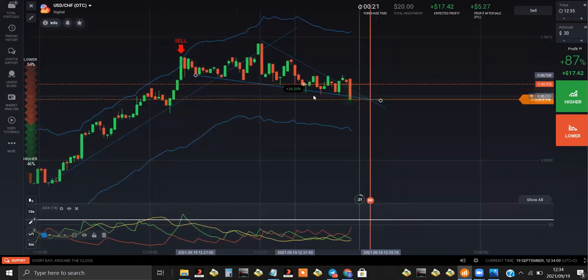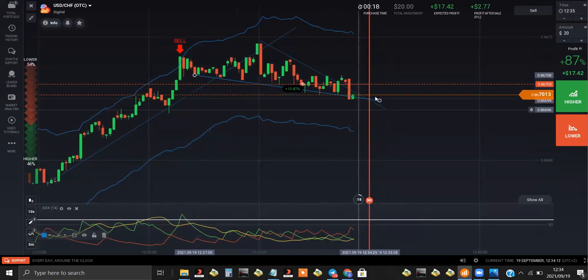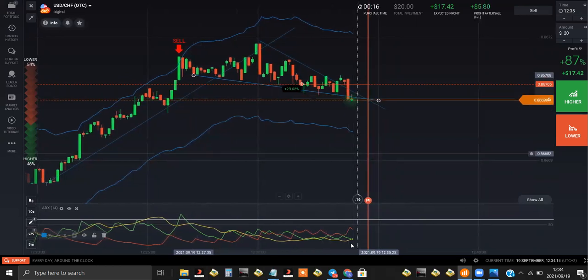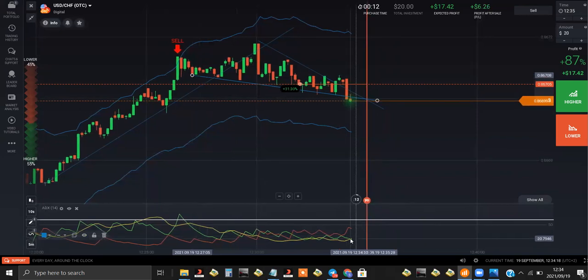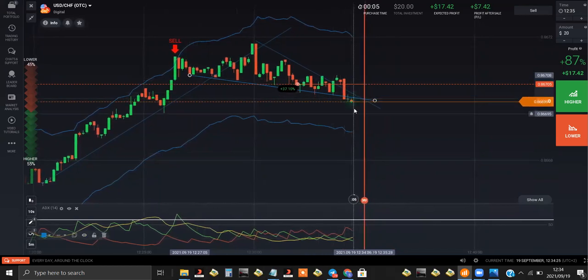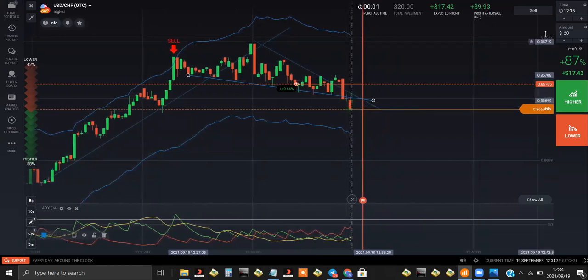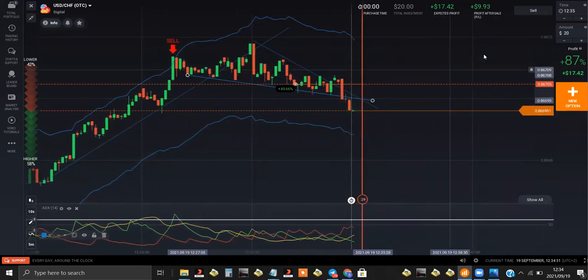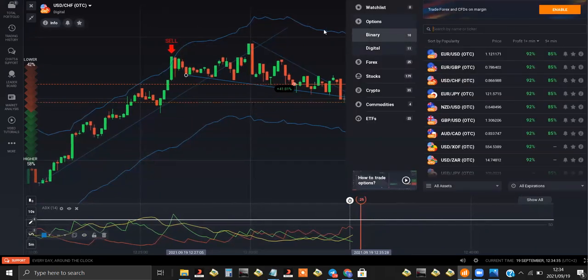So if we cross below, okay, now we have just crossed below. But again, this is not a sell signal. So let's see what it does. If we get another full candle below here that closes like this one here, okay, now it is. So I'm going to take another trade here. I'll take another trade here.